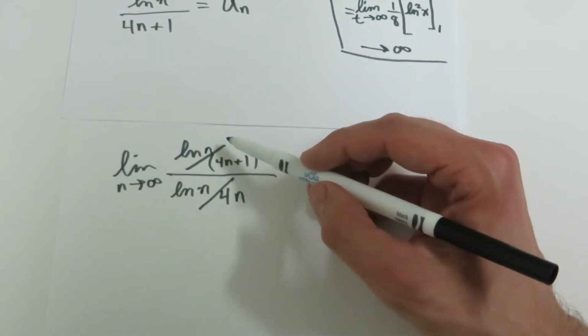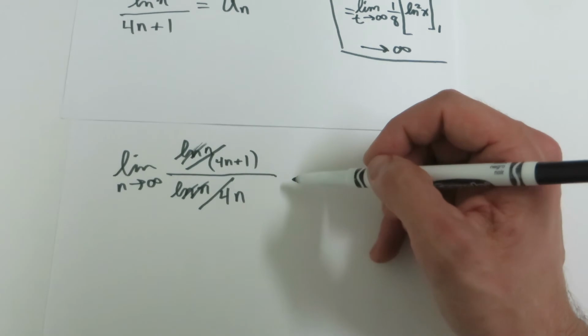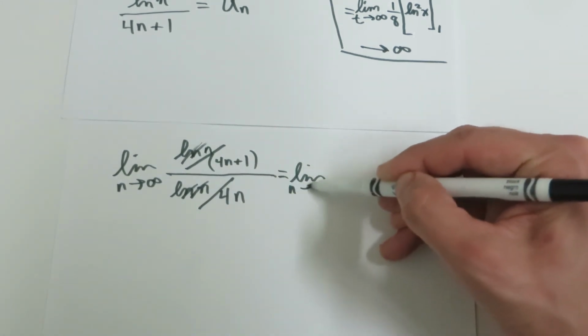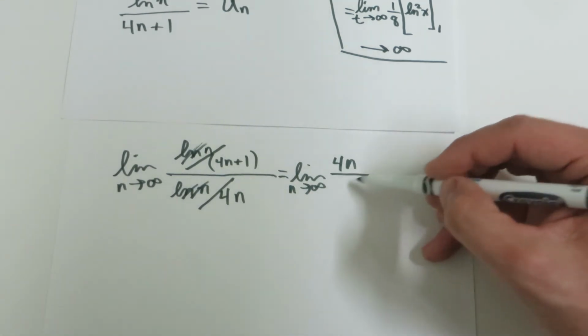So straight off we can see that our ln of n's are going to cancel, and we are going to be left with the limit as n approaches infinity of 4n over 4n plus 1.